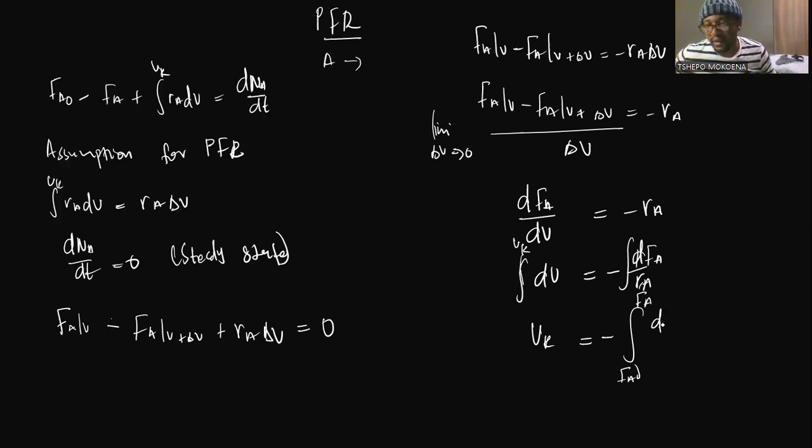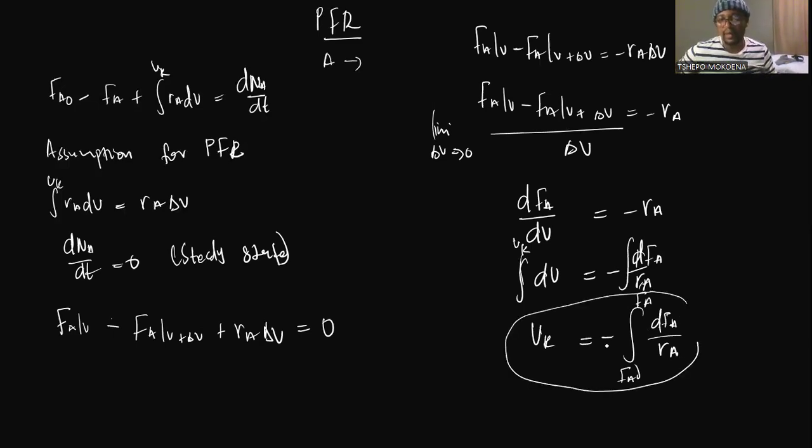We have dFA divided by RA. Then this will be the design equation. Again, like I said, RA talks about the concentration, the conversion, and all of those things. You can rewrite this equation when you introduce all of those things. So yeah, this will then be our design equation for the PFR.